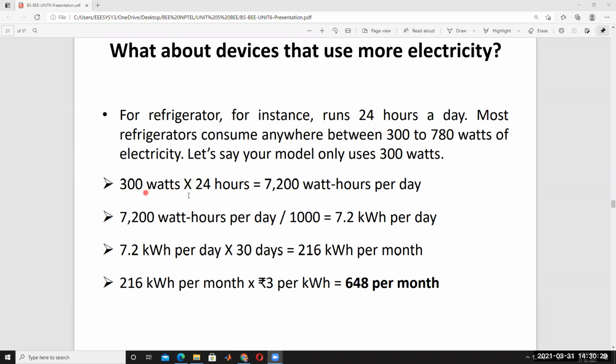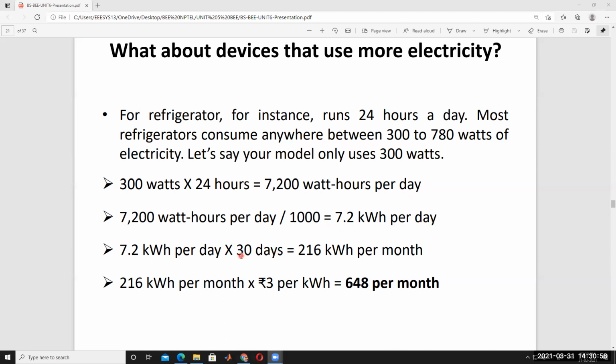First multiply by hours to get watt-hours per day. After that, divide by 1000 to get kilowatt hours per day: 7,200 watt-hours per day divided by 1000 gives 7.2 kilowatt hours per day. We convert because our electricity bill is calculated in kilowatt hours.